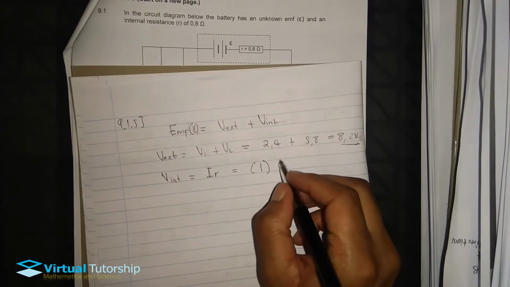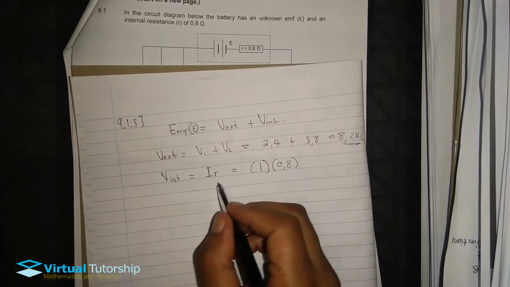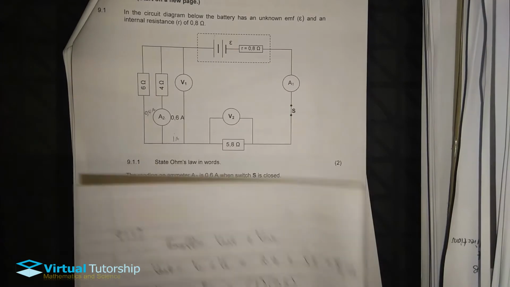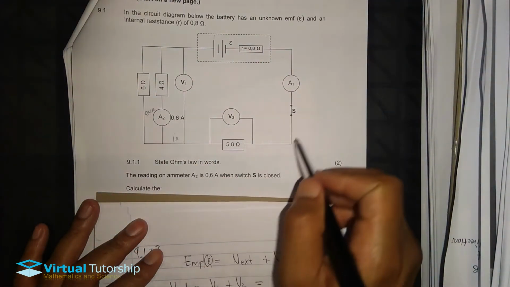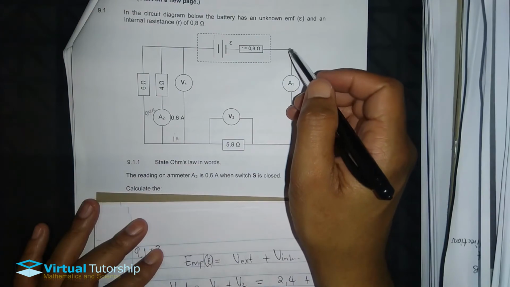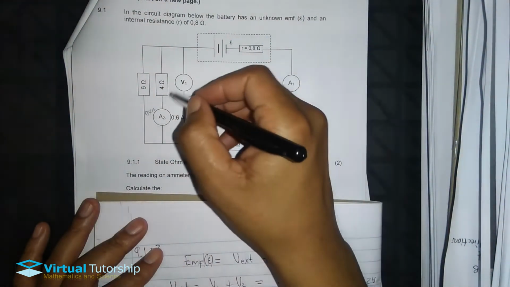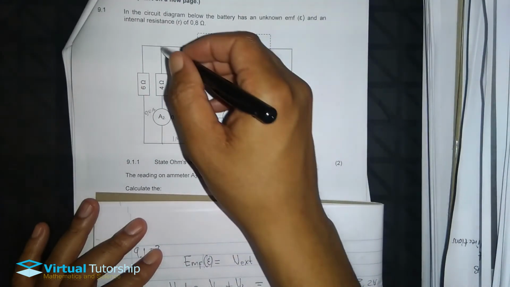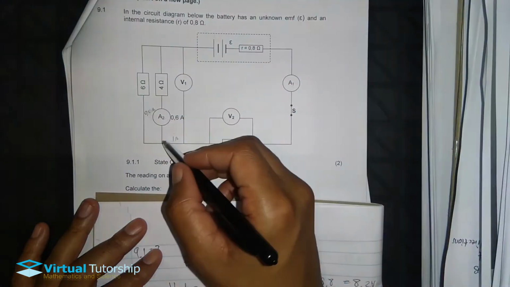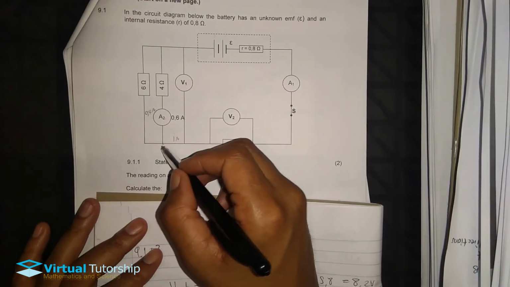The internal one is 1 times the internal resistance 0.8. Why am I multiplying by 1? In a series connection, current remains constant. Look now: the current flows and divides in the parallel connection, and when it recombines it becomes 1.